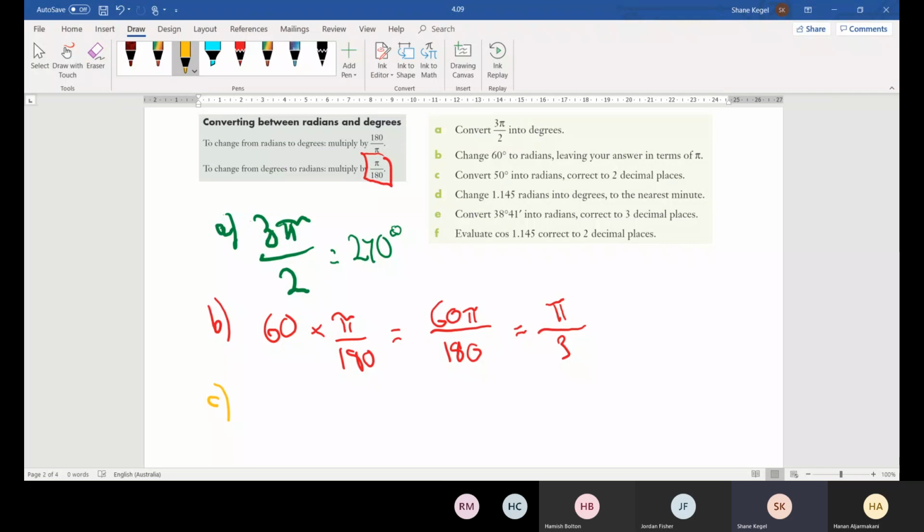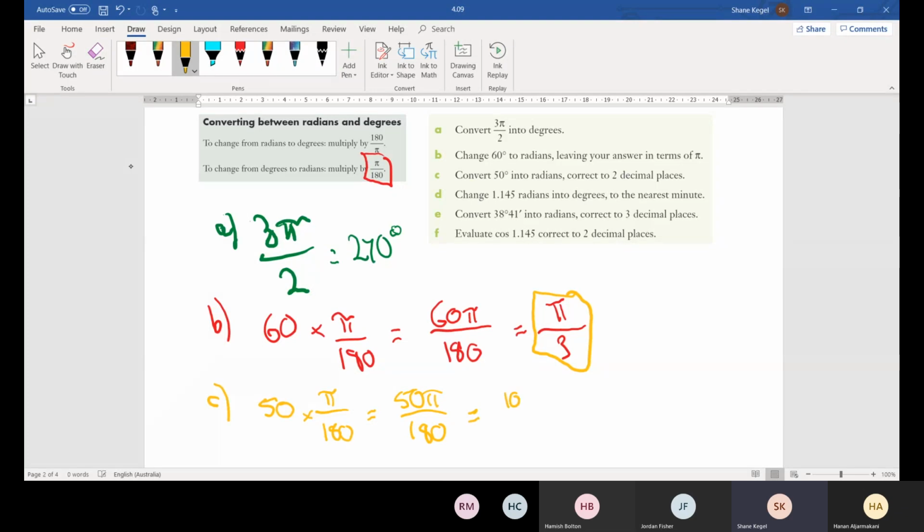Again, converting to radians. This time, it wants it to 2 decimal places. So we're not going to just leave it in this form, which is the answer in terms of pi. We're actually going to evaluate it as a decimal. So 50 degrees, same thing. We're going to multiply 50 by our fraction where radians is on top, because we're converting to radians, which equals 50 pi on 180. Can we simplify that? I mean, we can, but all right, let's do that.